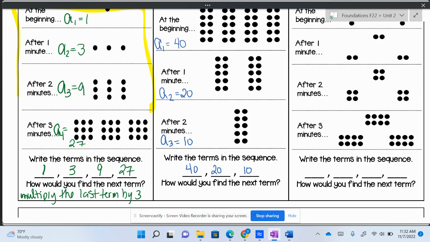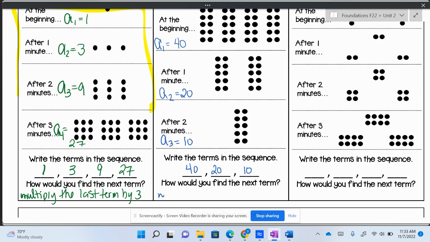I want to tell you something. In a geometric sequence, you multiply. In an arithmetic sequence, you add. We added a common difference, and in a geometric sequence, we multiply. I know that we're dividing by 2, but I need to write that as a multiplication problem. Dividing by 2 is the same thing as multiplying by what fraction? 1/2.